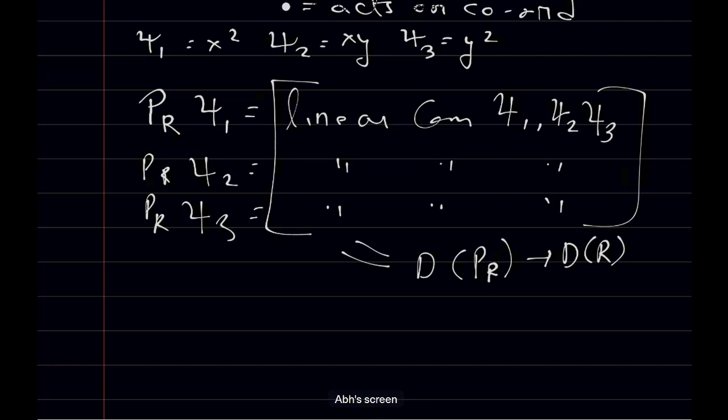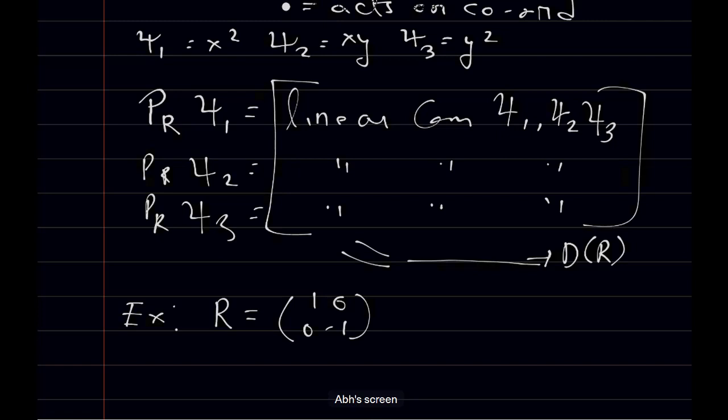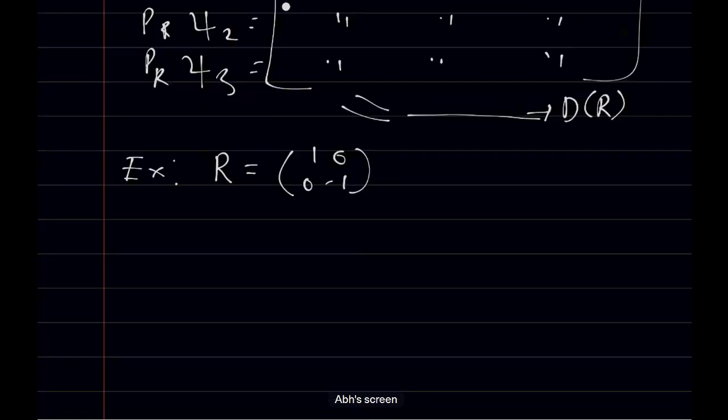So this is our representation. Now the question is, how does R act on coordinates? That's the important question. So I give you an example. Consider R is 1, 0, 0, minus 1. So how does it act on coordinates?